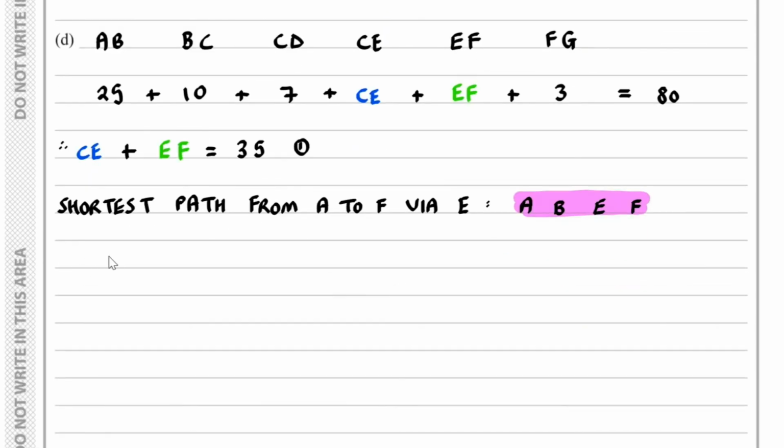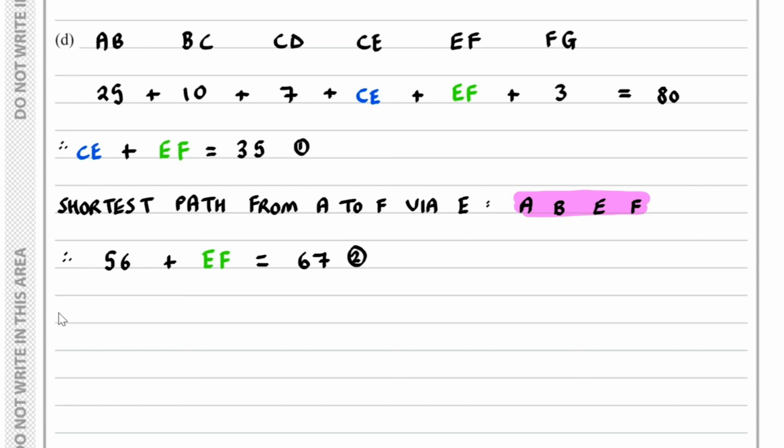So we've got 56. And then we're going to add on EF. And the result of this is 67. We were told that in the question. We'll call this equation 2.